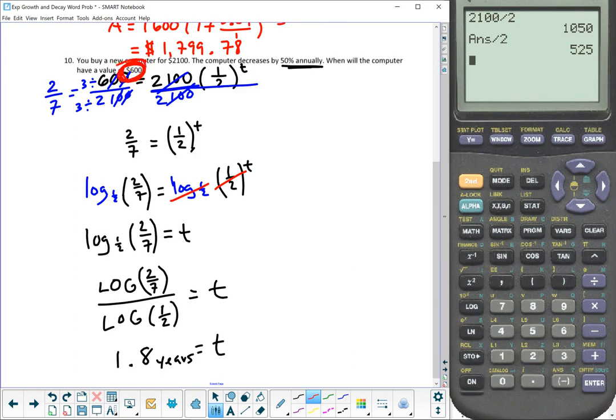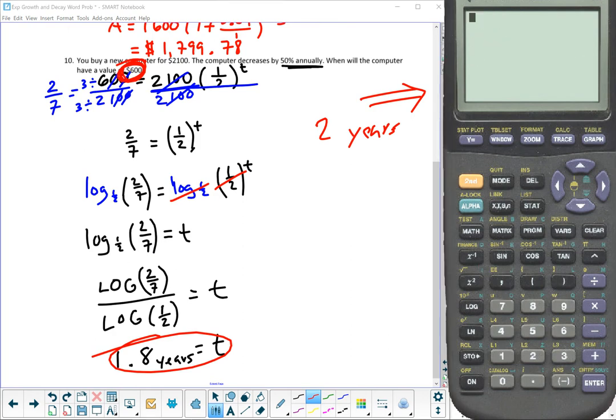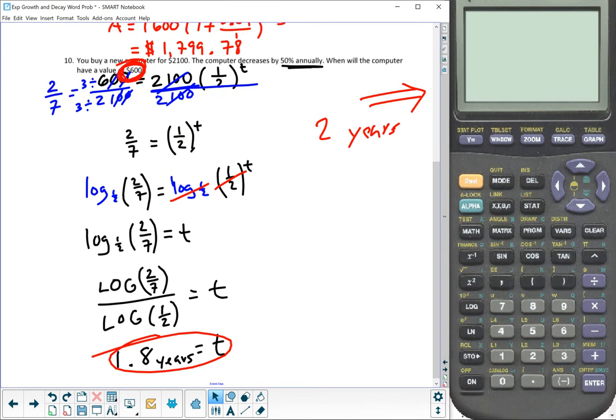After 2 years, it'll be worth 525, so for it to be 600, it's going to be a little bit less than 2 years. So roughly 1.8 seems really reasonable to me. Okay. All right. That's number 10.